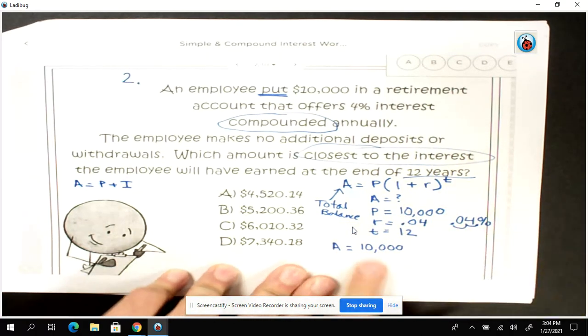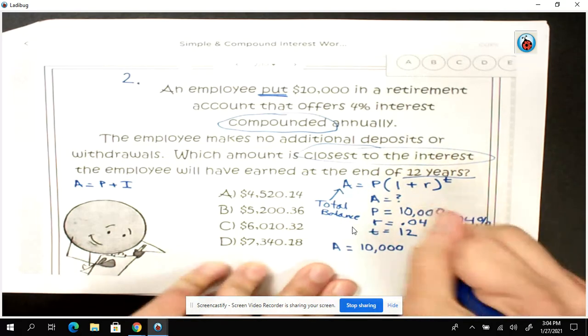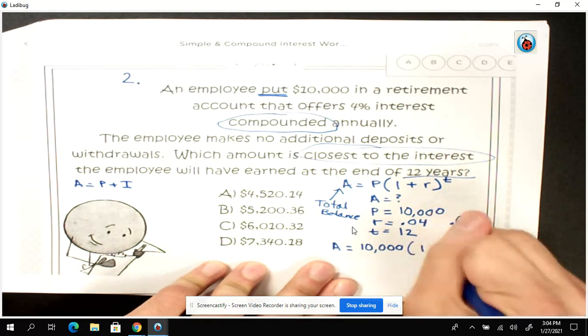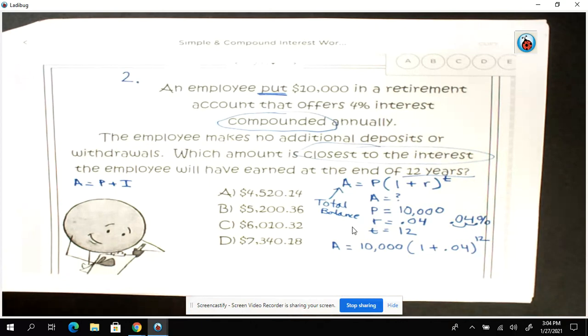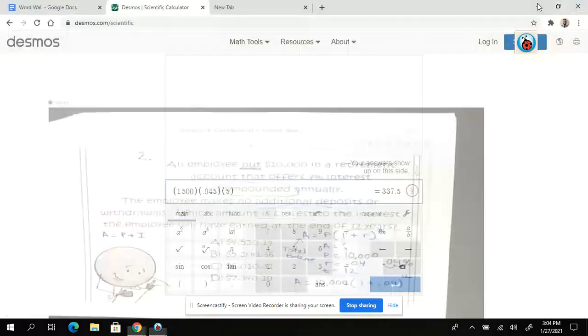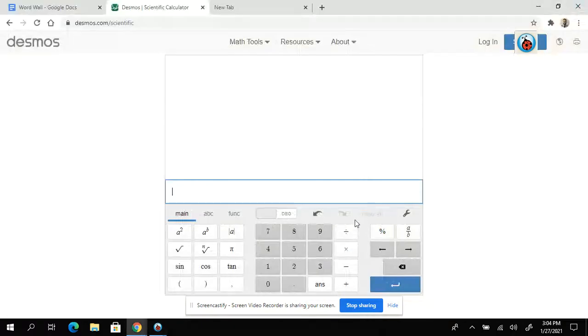And when you're typing this on Desmos, don't type in the comma. You don't need commas. 10,000, open 1 plus 0.04 to the power of 12. So I'm going to move over to the calculator. Clear that. All right, so we get 10,000, open parentheses, 1 plus 0.04, close parentheses.